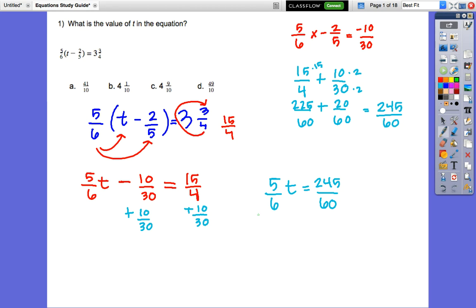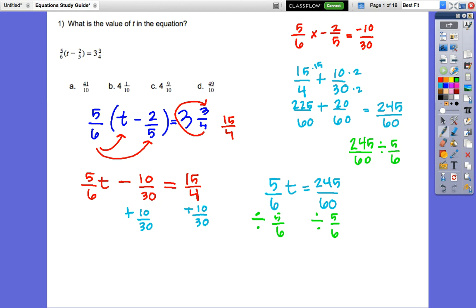Now I'm going to have to divide both sides by 5/6 because it's being multiplied to that variable, and I always do the inverse. So now we're going to say 245 over 60 divided by 5/6.